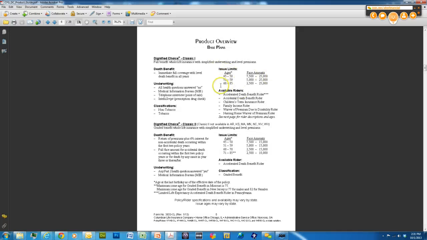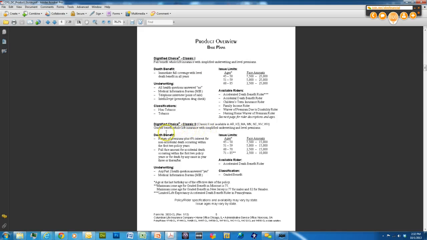Again, it has the issue limits. So does his age fit within the age limitation for Dignified Choice Classic 1? Now, Dignified Choice Classic 1 is a full benefit program that's immediately available right away. So his health has to be good enough to fit into Classic 1. If it's not, he may still fit in Classic 2.